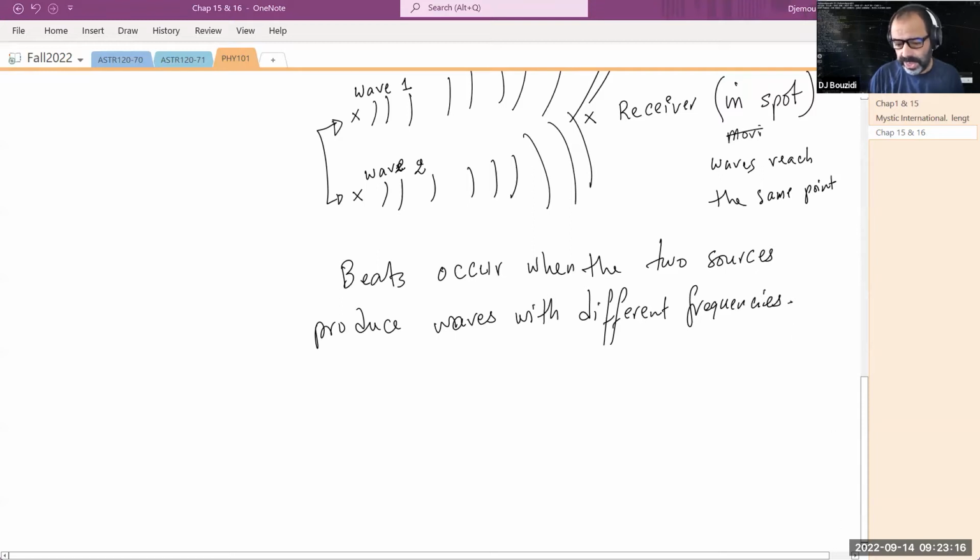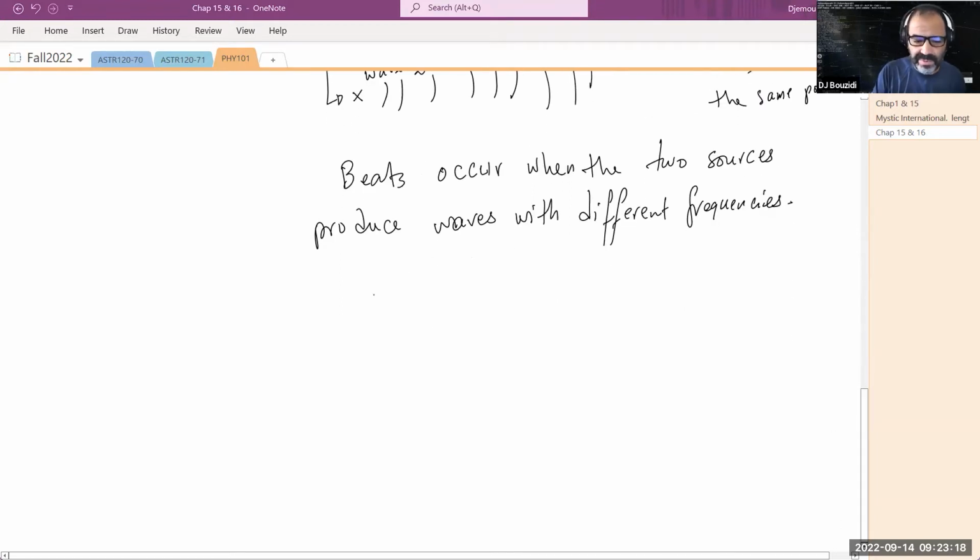Here is the thing. If I have a frequency F1 from one source and a frequency F2 from a second source, I take the difference between these two. If F2 is bigger than F1, I do F2 minus F1. If F1 is bigger than F2, then I do F1 minus F2.